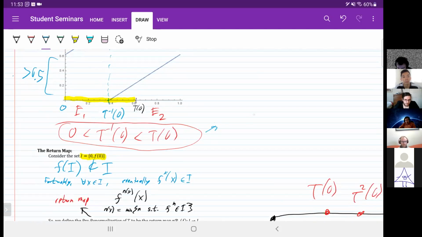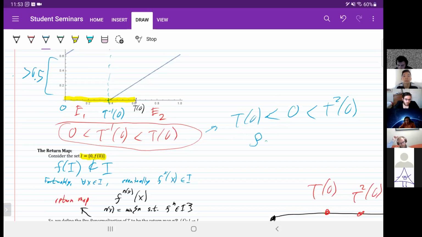If I apply t to it, then I get t of 0 is less than 0 is less than t squared of 0. And what this means in its own language is that when we apply our map, the first time that we cross 0 is between the first and second iterate.